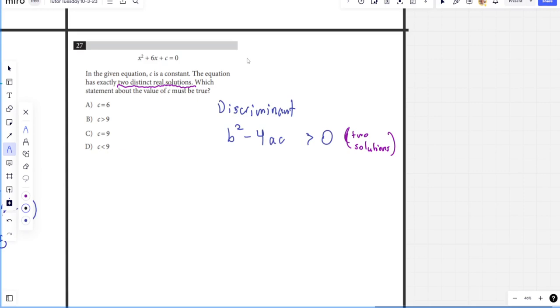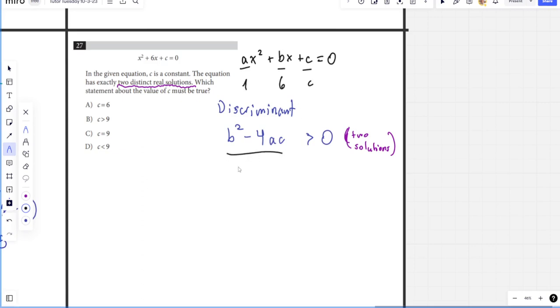So if we just look at the equation, that's our quadratic equation in the form ax squared plus bx plus c equals 0, we can identify our a, b, and c terms, right? A in this case is going to be 1, b is 6, and c is just c.